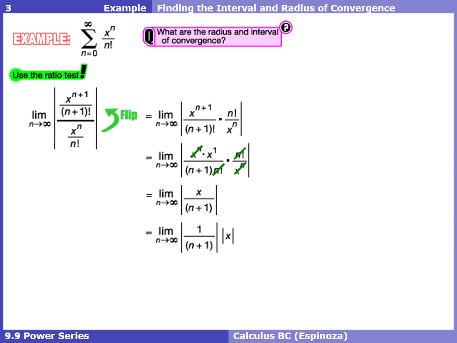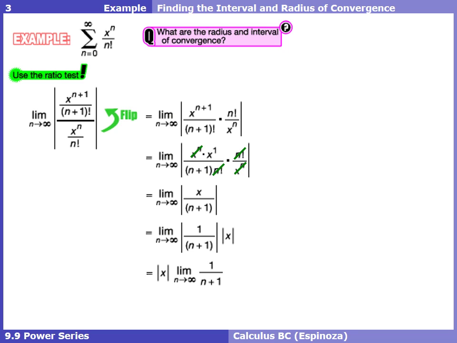Everything else, which is the x in this case, is basically seen as a constant of sorts, because there are no n's in that piece. So you don't always have to do this, but for the sake of these examples, I'm going to go ahead and pull that absolute value of x to the front of the limit, just so we don't misinterpret that x being present there. So if we just focus on the limit for a moment, that's a very basic limit.